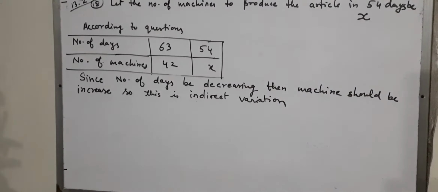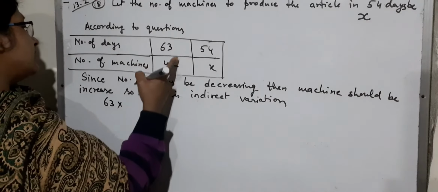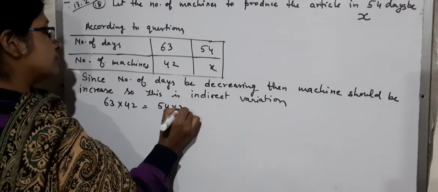So in indirect variation, we write 63 into 42 is equal to x1 into y1 is equal to x2 into y2.